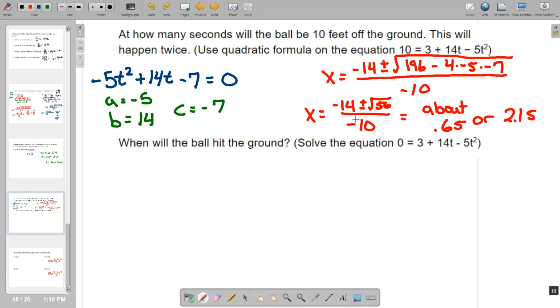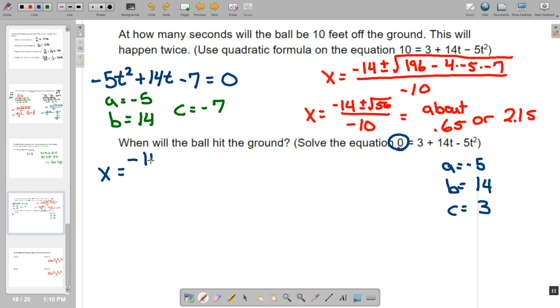The last question is the most important one: when will the ball hit the ground? So we're solving the equation where it's equal to 0. So from here, my A value has to be -5. My B value has to be 14. And my C has to be +3. Once again, I'm doing the quadratic formula.